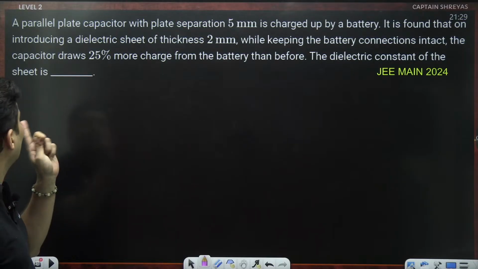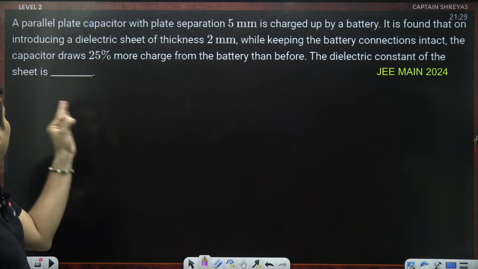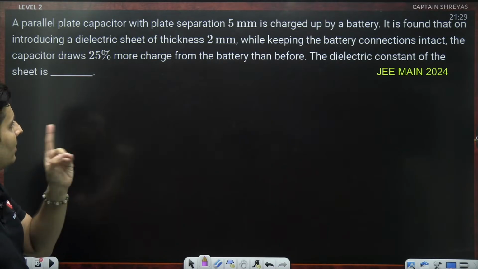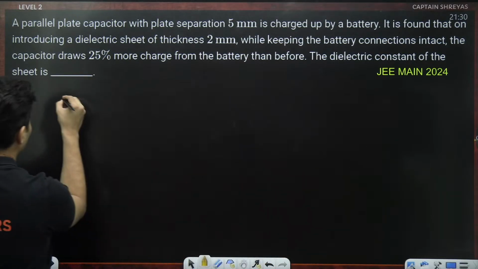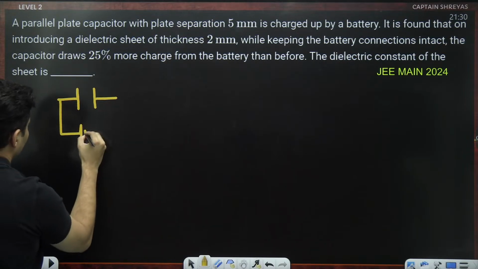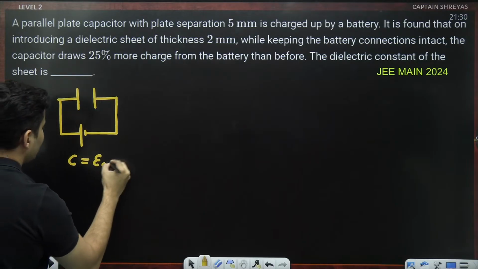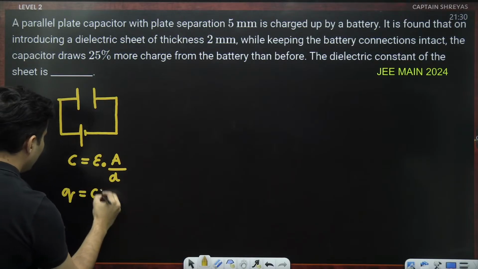Okay, it is found that on introducing some sheet, while keeping the battery connections intact, the capacitor draws more charge from the battery. That constant is, okay, let's draw the two situations so that I am very clear. So this is the capacitor, this is that particular battery. The old capacitance would have been epsilon naught A by D and charge being C into V.